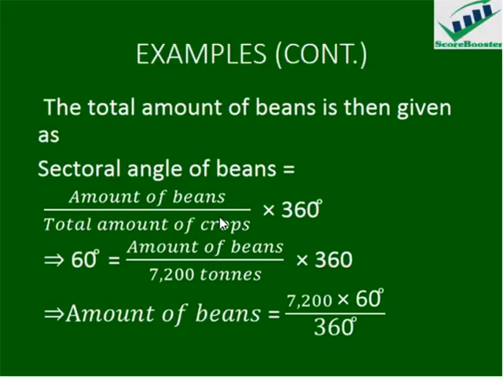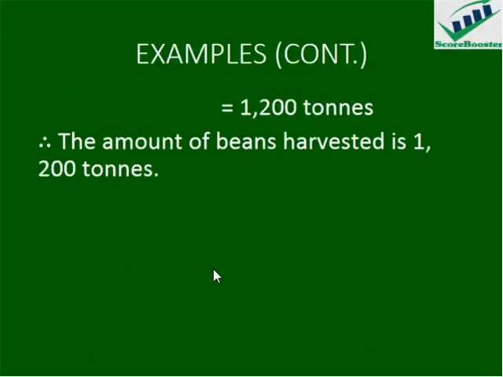So now we make amount of beans the subject, which will be 60 multiplied by 7,200 divided by 360. So if this is evaluated, we have 1,200 tons. Therefore, the amount of beans harvested in that particular year on the farmland is 1,200 tons, and that solves the question.